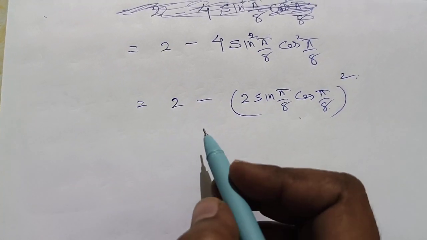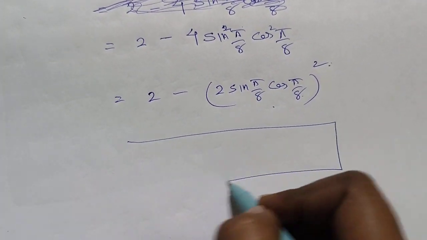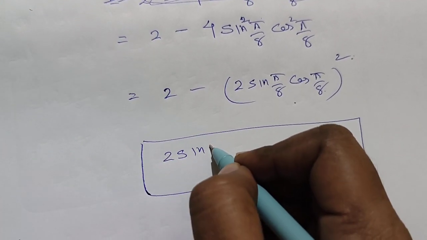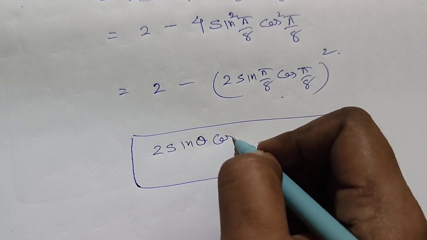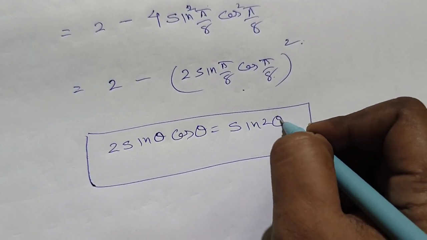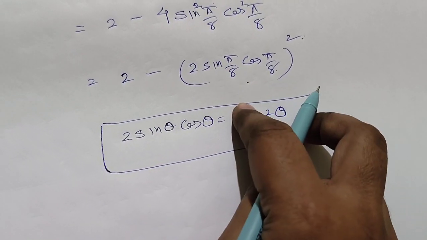So here what we have to do, for this term we have one general formula: 2 sine theta cos theta is equal to sine 2 theta. So in place of theta we have pi by 8.